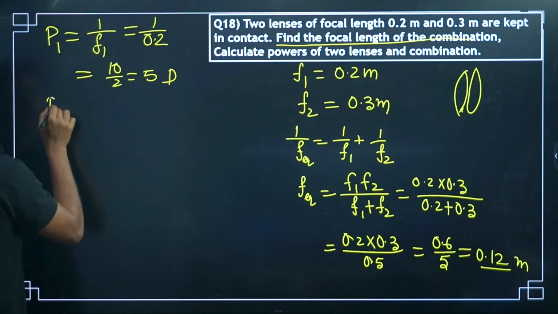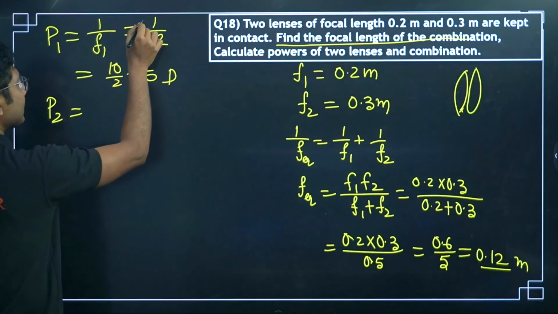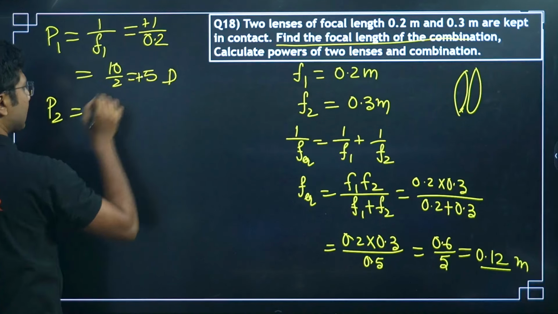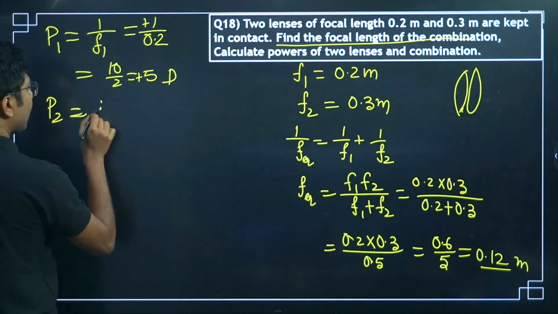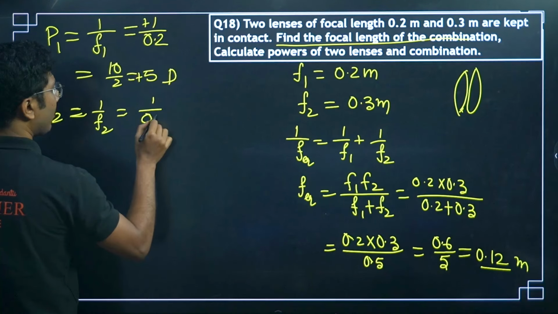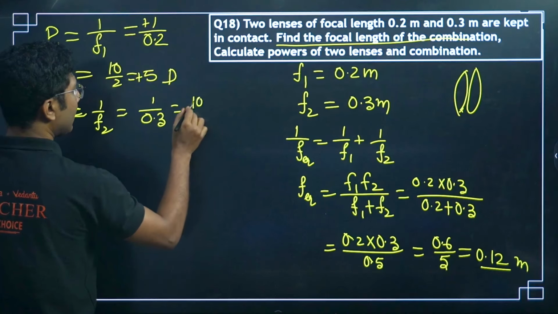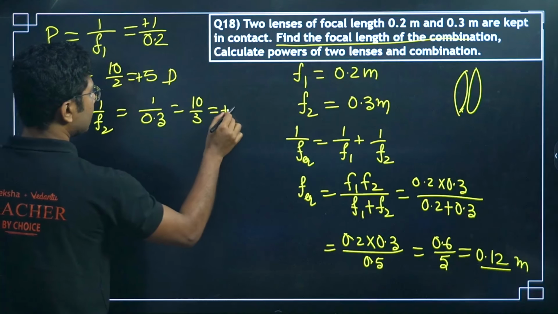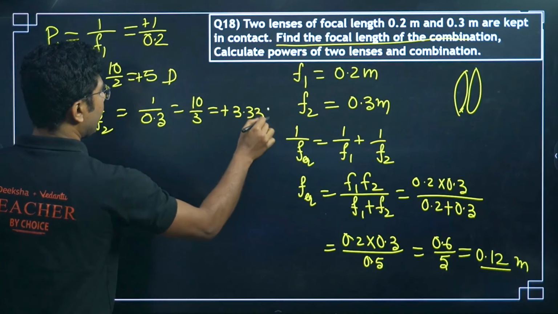P2 equals, because nothing is mentioned, it will be plus. P2 is 1 by F2, which is 1 by 0.3, 10 by 3. So, it will be plus 3.33 diopter.